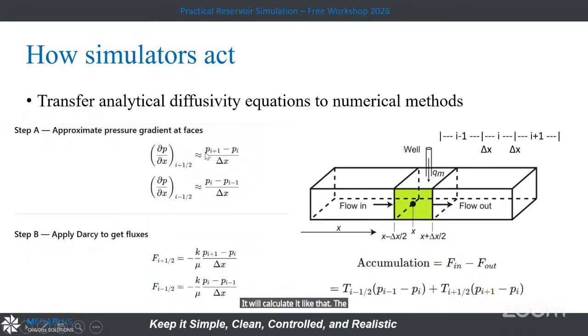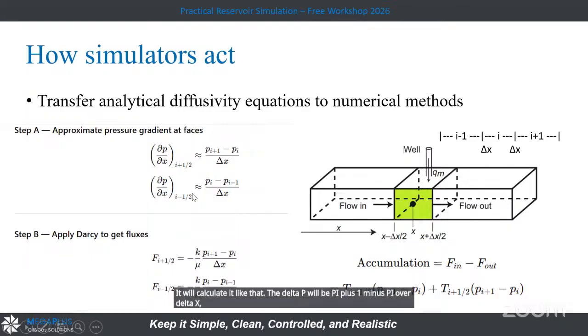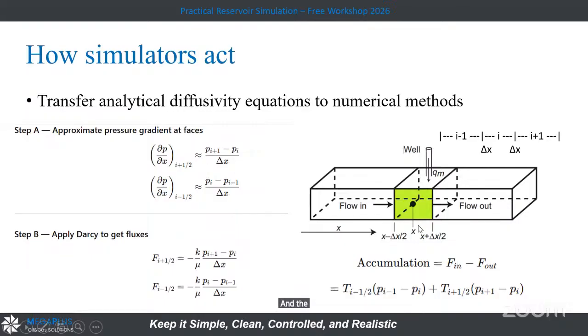The delta p will be p i plus 1 minus p i over delta x, and this part will be p i minus p i minus 1 over delta x. So it will convert the analytical to numerical in the form of i, j and k, which is x, y and z, and repeat all of these equations in each cell in each time step.